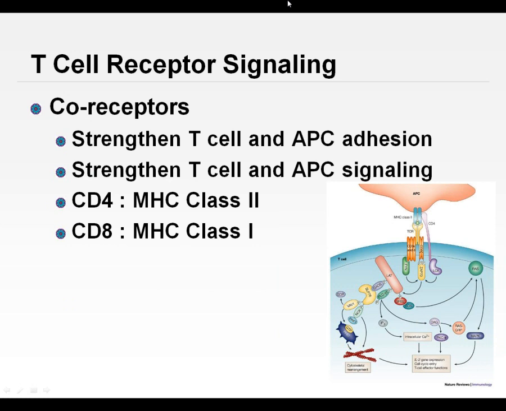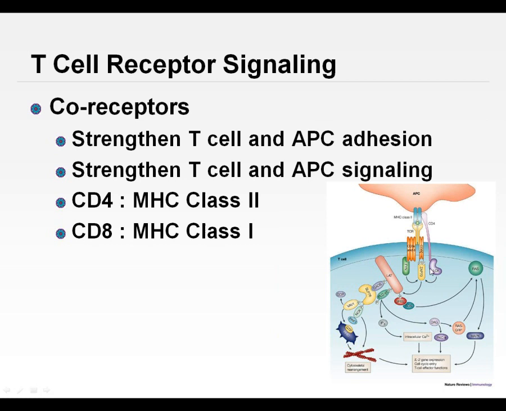So I put a picture here to help understand a little bit. You have your T cell receptor, which is made of an alpha-beta chain, and then you have the surrounding CD3 complex that is important for signaling towards the nucleus. And then there's also a co-receptor that, remember, is a co-receptor because it binds to the same thing the receptor does, so the MHC in this case.